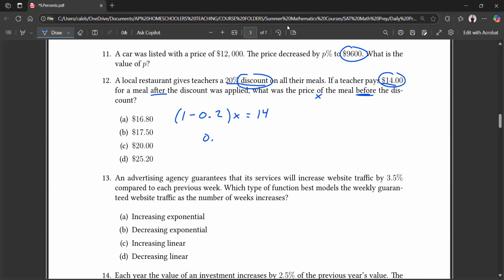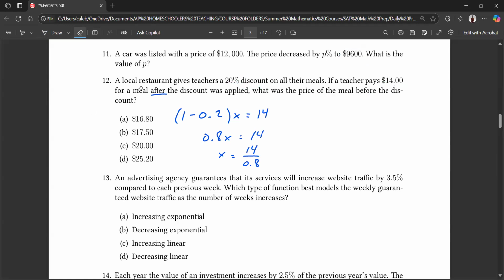In other words, I have 0.8 of x is equal to 14, and just like that, with one computation, we will have our answer. Okay, so that's an excellent example of a more practical example that doesn't use the words decreased by or increased by, but it's heavily implied by just how we know the world works and how these problems work.